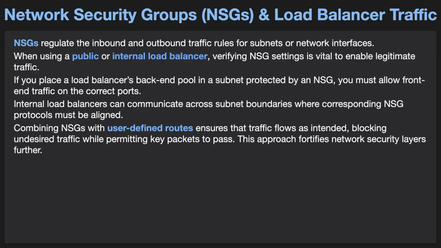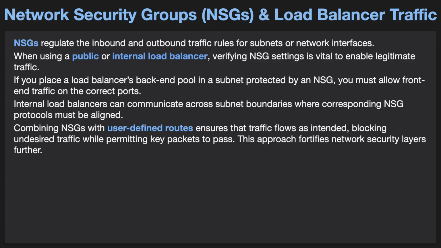Network security groups, NSGs, regulate the inbound and outbound traffic rules for subnets or network interfaces. When using a public or internal load balancer, verifying NSG settings is vital to enable legitimate traffic. If you place a load balancer's backend pool in a subnet protected by an NSG, you must allow front-end traffic on the correct ports.